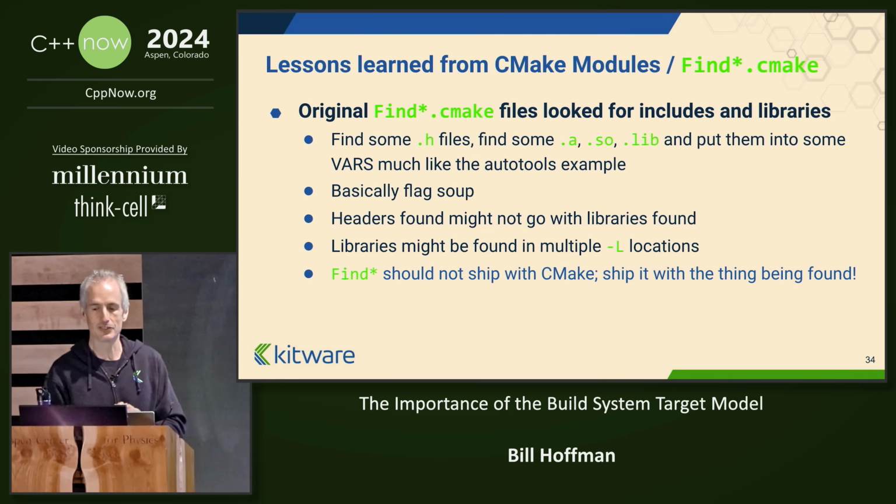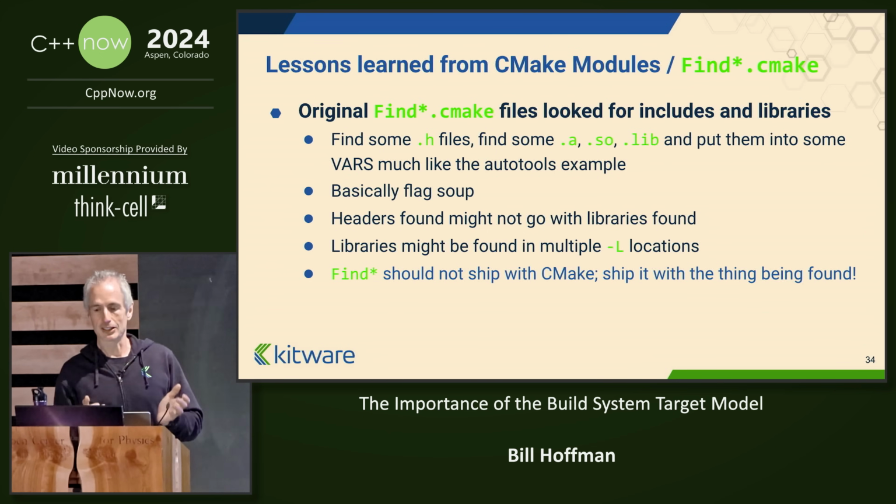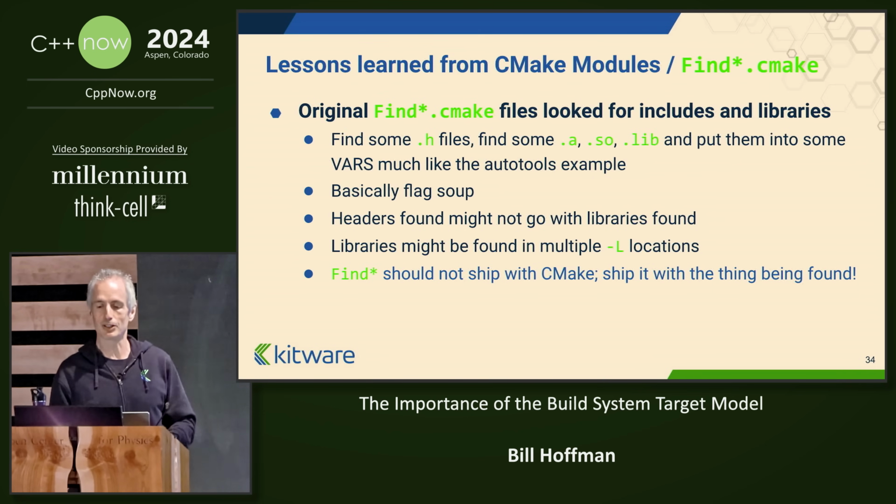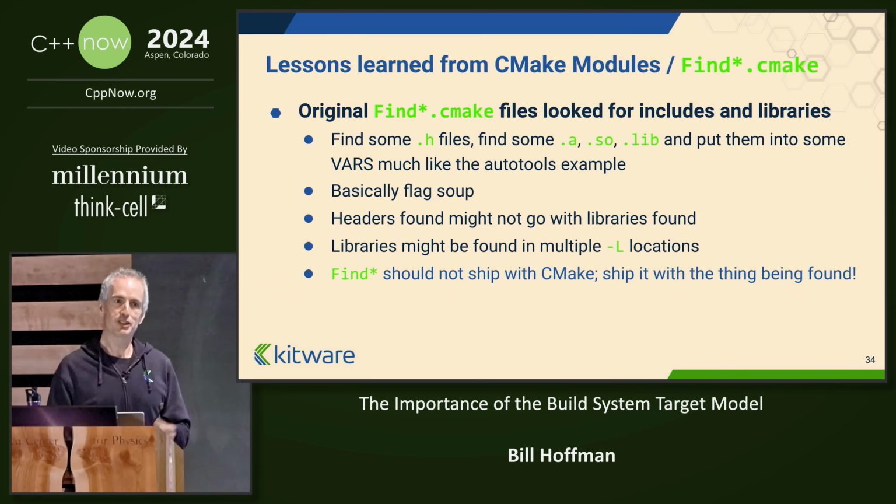So the original ones looked for an include and a library. They found some .h files, some library files, stuffed them into some variables, and it was exactly like what I showed you in the autotools world going on. Basically this flag soup. Maybe a little better.